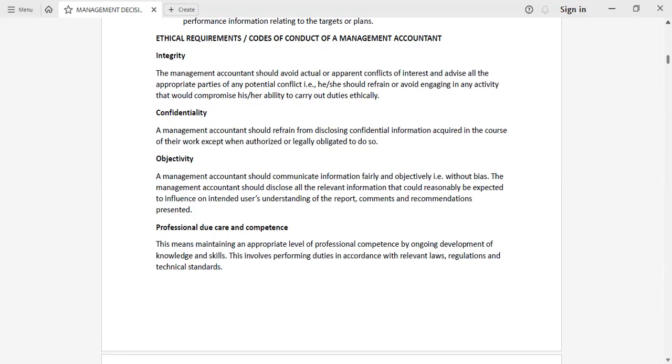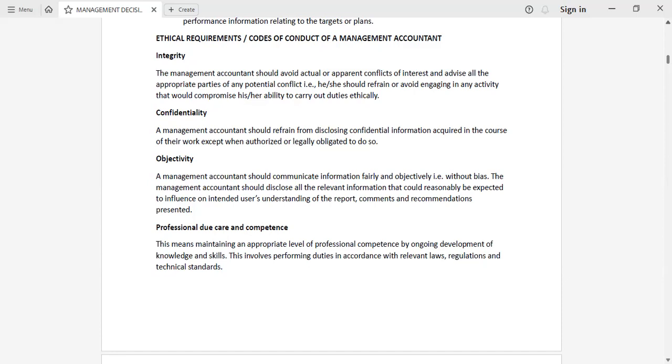In other words, that management accountant is responsible for giving advice. But when you are giving advice, you should avoid engaging in any activity that would compromise your ability to carry out your duties ethically.